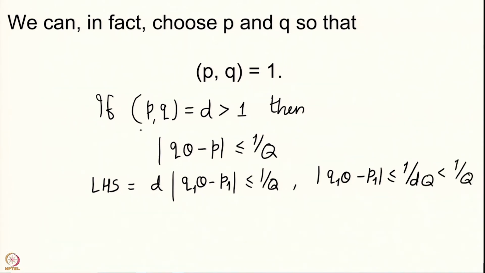So, if you had a non-trivial GCD for p comma q, you can cancel that GCD out and you have these numbers, and of course we had our small q to be less than capital Q, and we would continue to have q1 also less than capital Q. So, once you have a pair of such integers p comma q giving you a good approximation, you will be able to get the p and q where the GCD is 1.